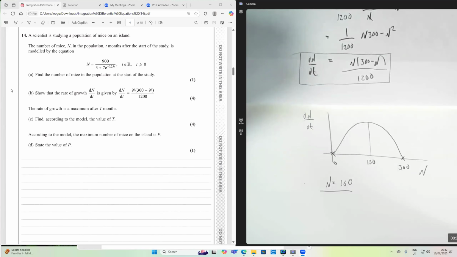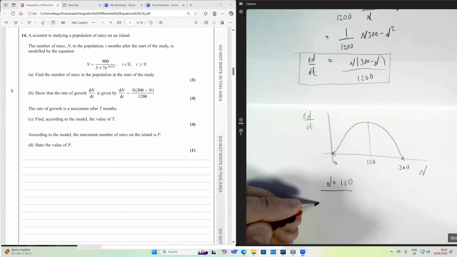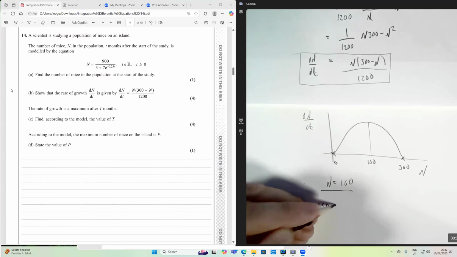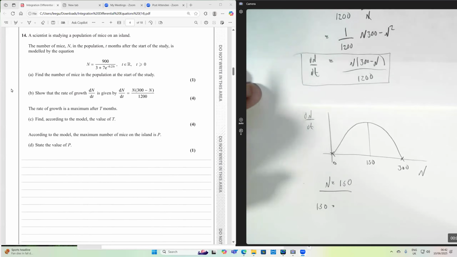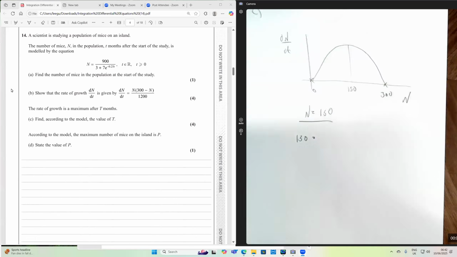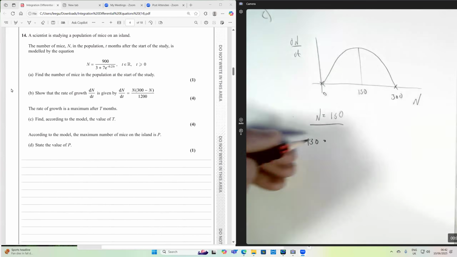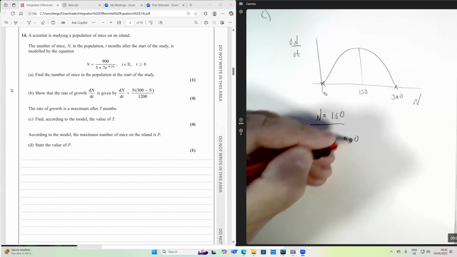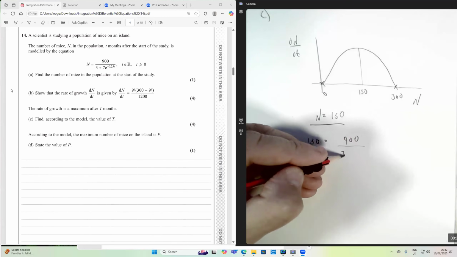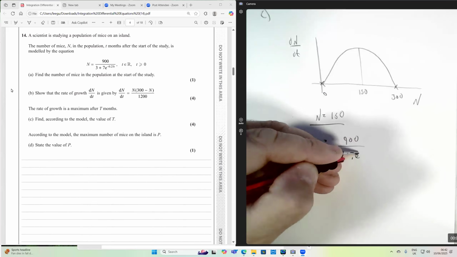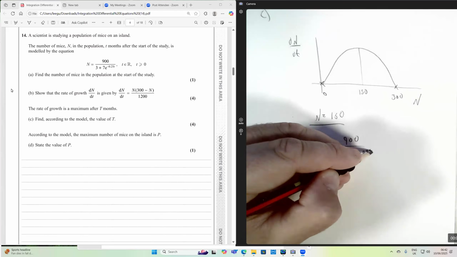So the maximum rate of growth is occurring when n is 150, okay? So we then need to take that value of 150 and see what the corresponding t value is at that time. And in order to do that, we just can go back to the original equation. So we're saying that 150 now is equal to 900 over 3 add 7 e to the minus 0.25t.